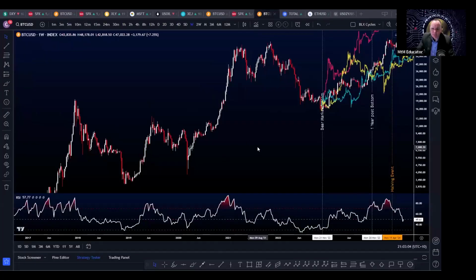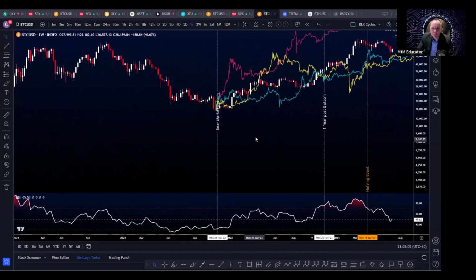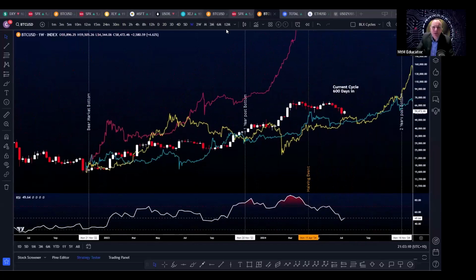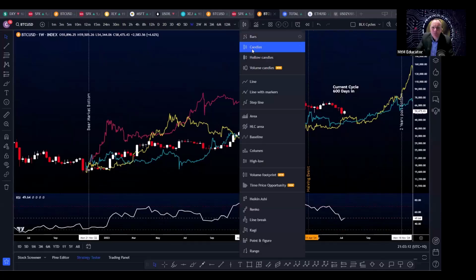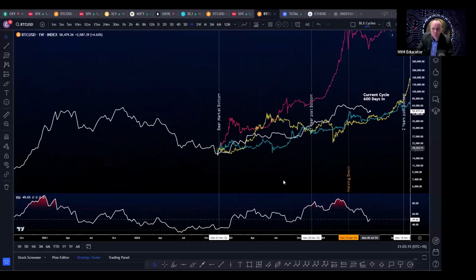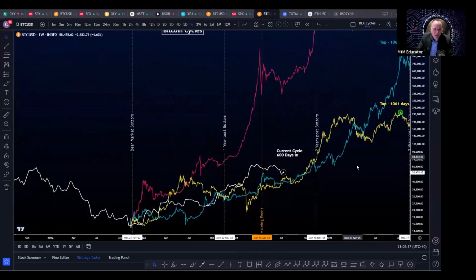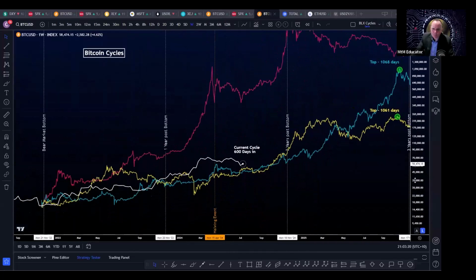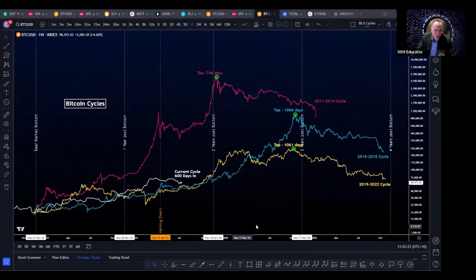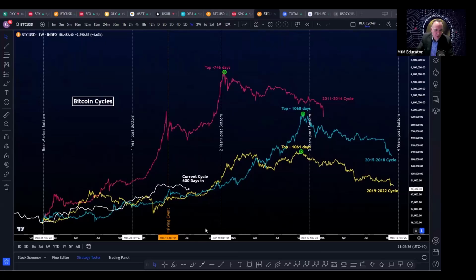Looking a little bit at Bitcoin cycles, what I've done here is take this chart and move it into a line chart. I've aligned all of the different Bitcoin cycles.